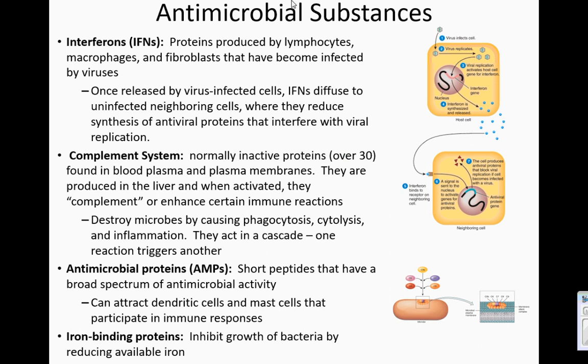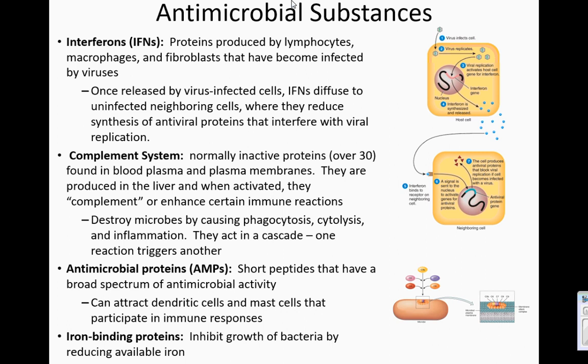The complement system is a series of proteins that are normally inactive. Okay, there's generally somewhere in the neighborhood of 30 or so, found in our blood plasma and plasma membranes, produced by our liver, and when they are activated, think of them like dominoes, where one knocks down the other. And that's why we call it the complement system, because they complement one another, not in like, hey, good job, but they help activate the next one.